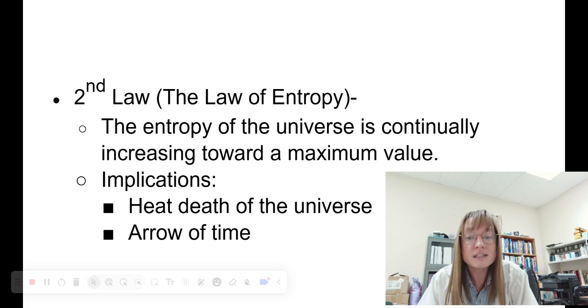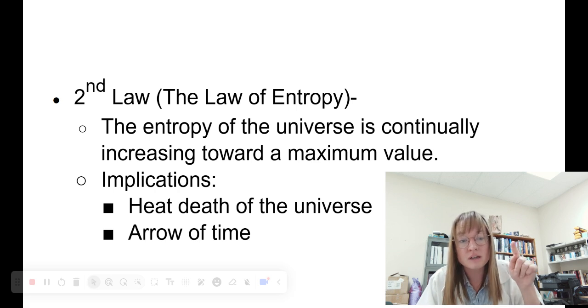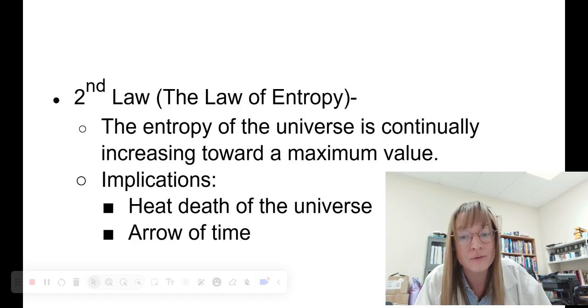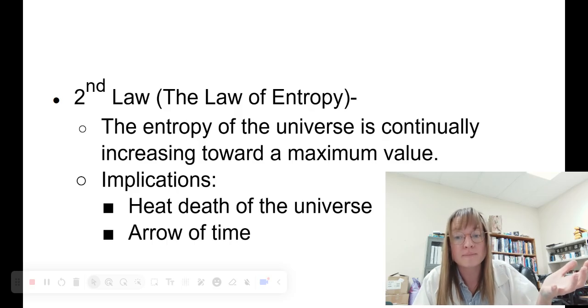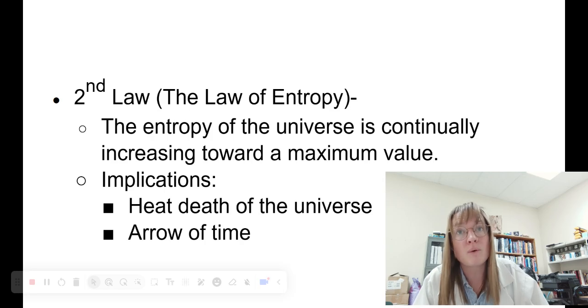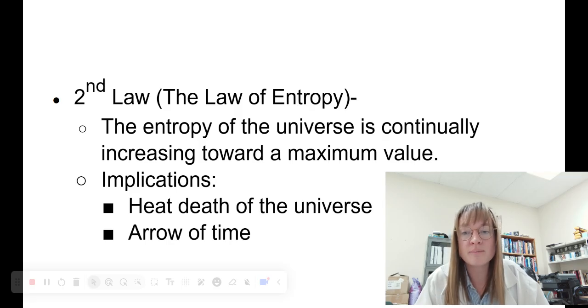And because we can't go backwards, unscrambling eggs, unfrying eggs, bringing those eggs back into their shells, because we can't do that without adding extra entropy in the form of heat, in the form of thermal energy, then there's no way to go backwards in time, because that would require decreasing the entropy of the universe, going back to a state where the entropy of the universe was lower than it is now. So those are our two implications of the second law of thermodynamics.